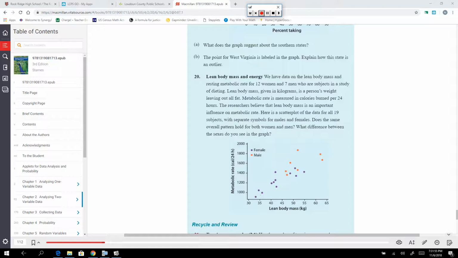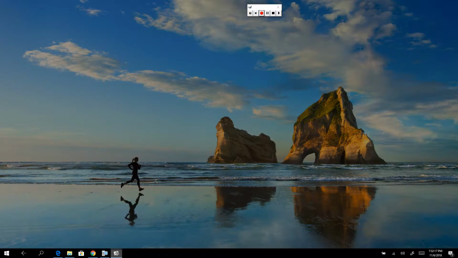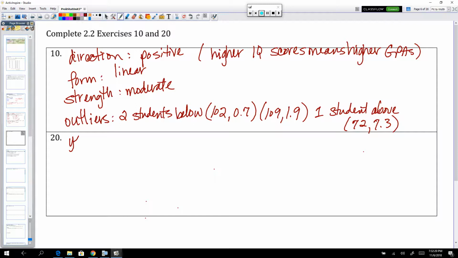And hopefully you're looking at this and you're seeing that the overall pattern, as lean body mass increases, metabolic rate increases. That's true for women. And as lean body mass increases, metabolic rate increases for men as well. That's true for men as well. So the answer to this is yes, the same pattern holds, the same direction. So we would say yes for both.